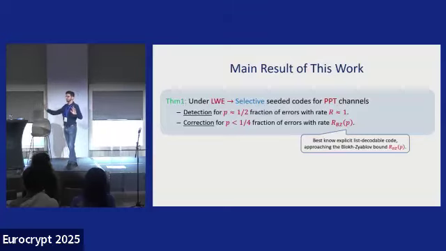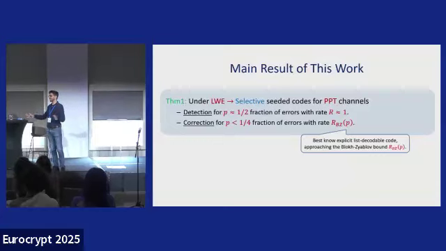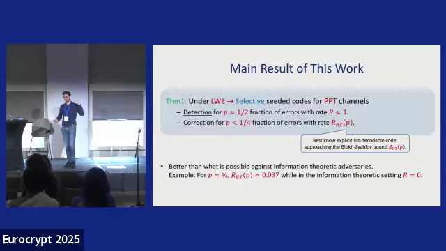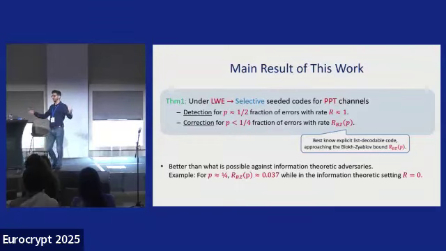I'm not going to actually specify what this specific rate means. It's a kind of complicated expression, not very insightful. But just keep in mind that this is better than what's possible information theoretically. For example, when p is approaching 1/4, the BZ bound is strictly greater than 0. However, the information theoretical bound is plummeting to 0.